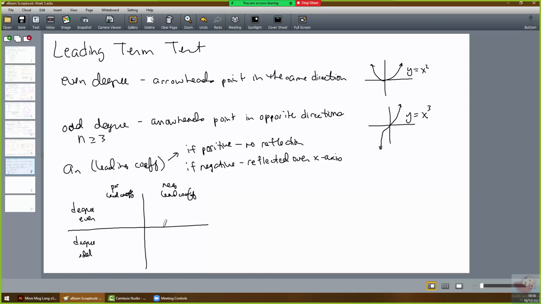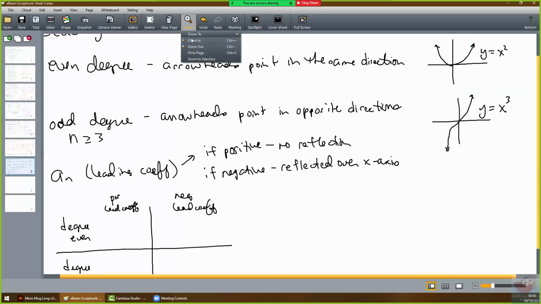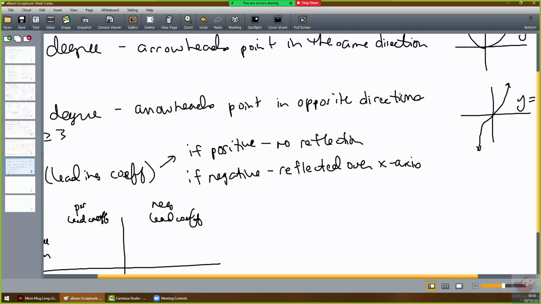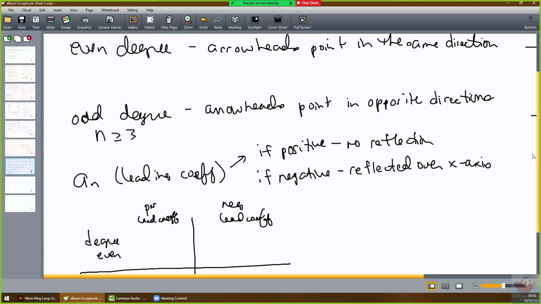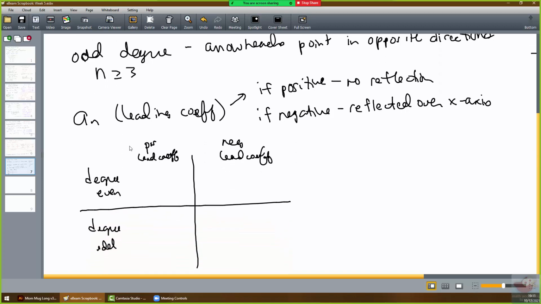So there's 4 cases. Ooh, can I zoom? Zoom in. It's happening. Now how do I do this? Alright, that's better.